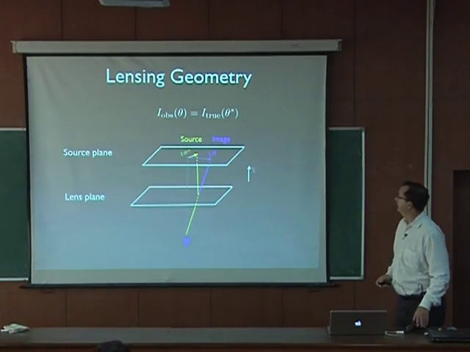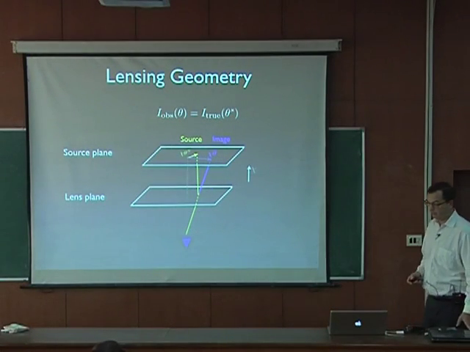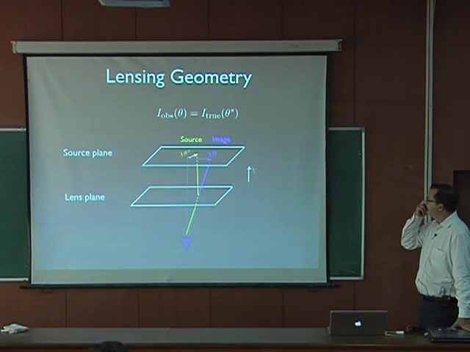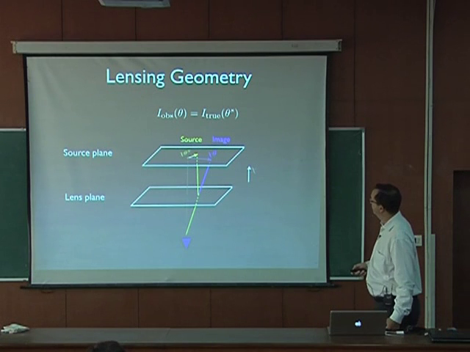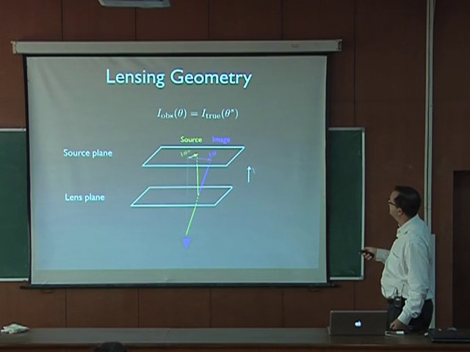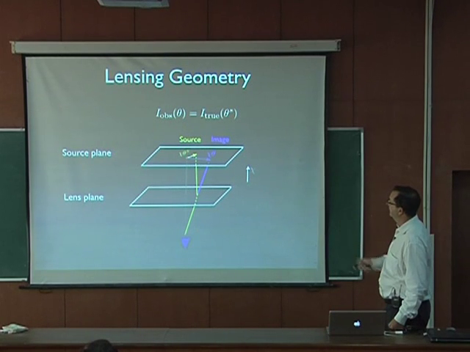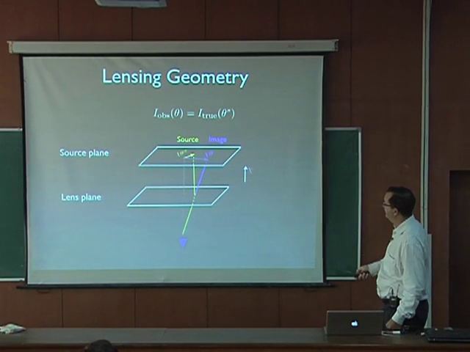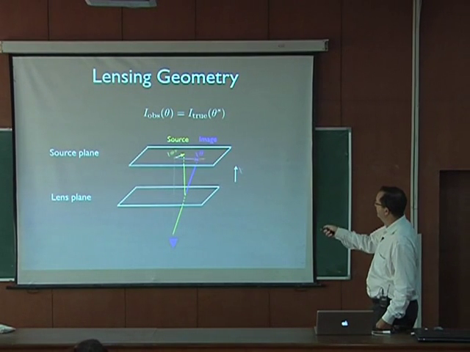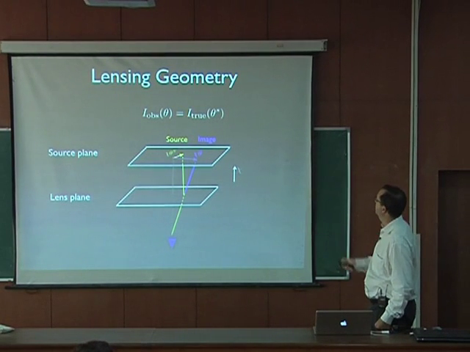Okay, so in order to solve the geodesic equation in this perturbed spacetime, let's look a little bit at the geometry and introduce some conventions. For a lensing system, we use this kind of situation. We have an observer here, photons traveling in this direction, and then we have a source which is at some distance.